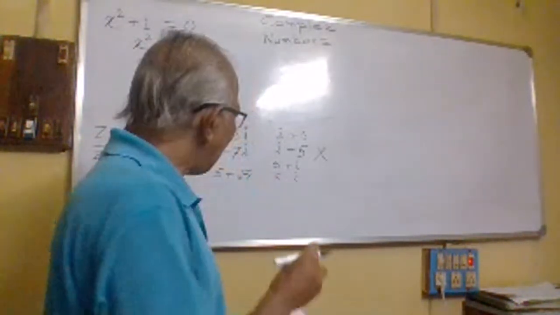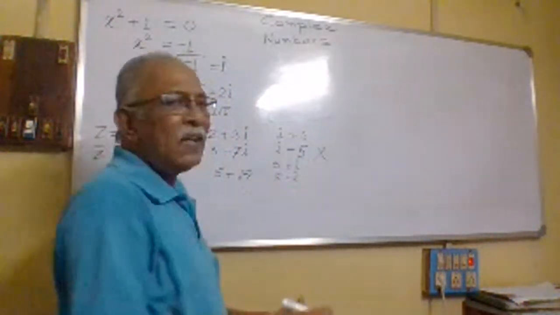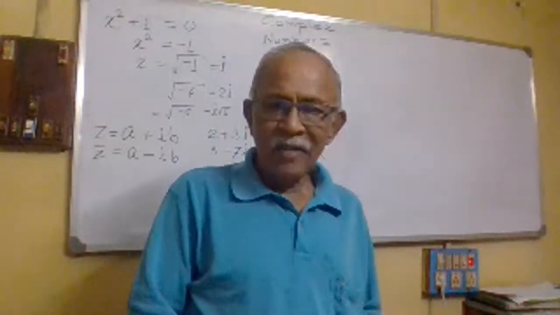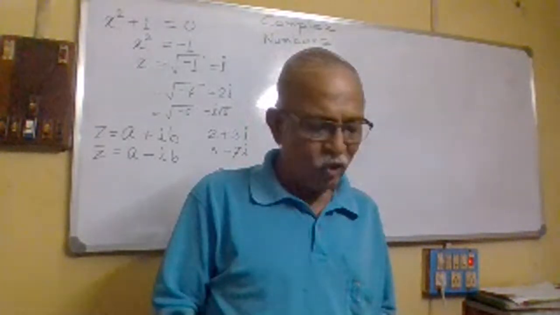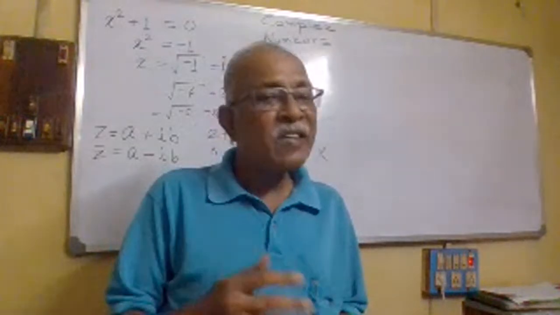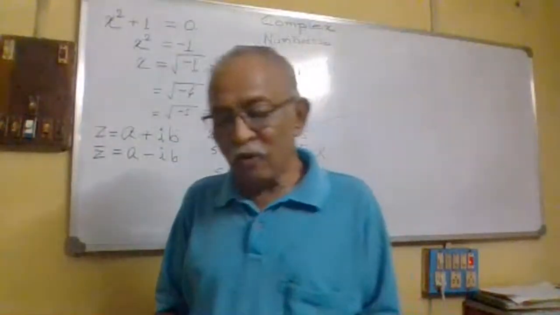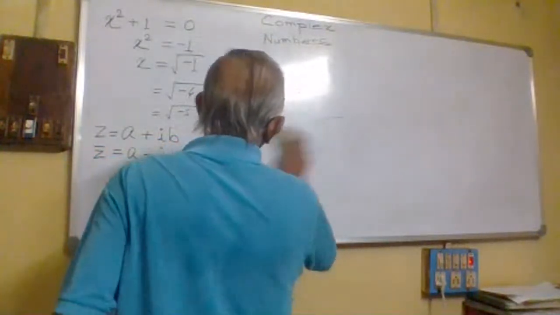So there cannot be addition between real and imaginary parts. They are separate. There cannot be any addition or subtraction. So from here, we will try to remember certain properties of complex numbers. You have to try to remember these properties.